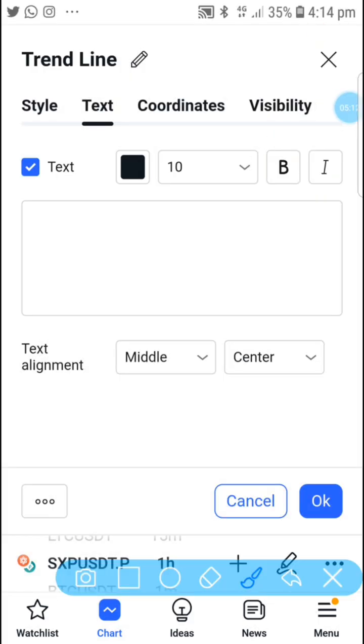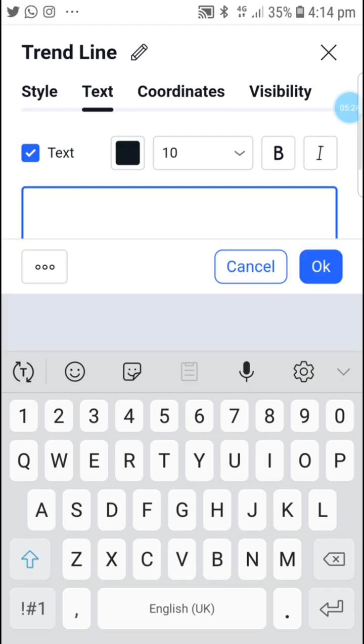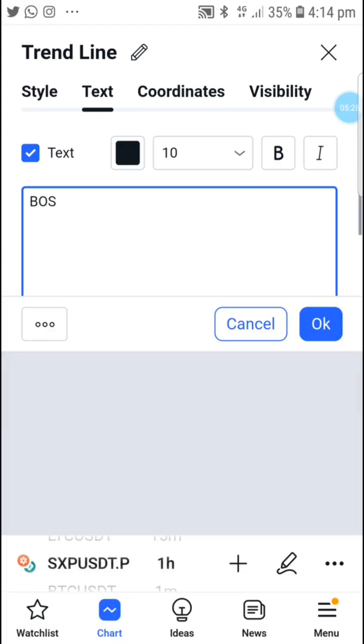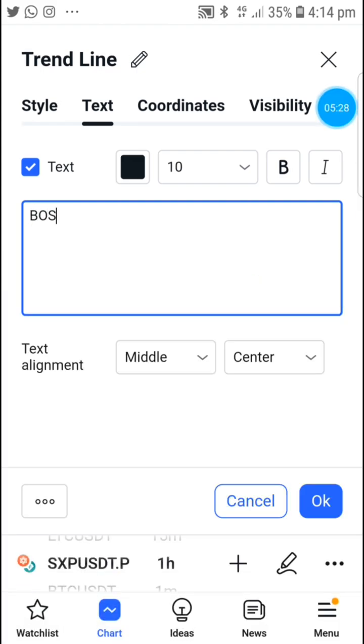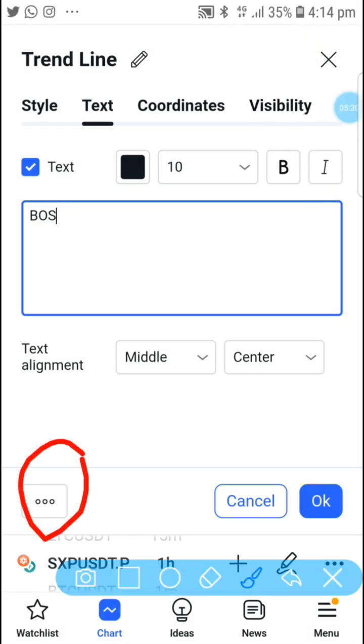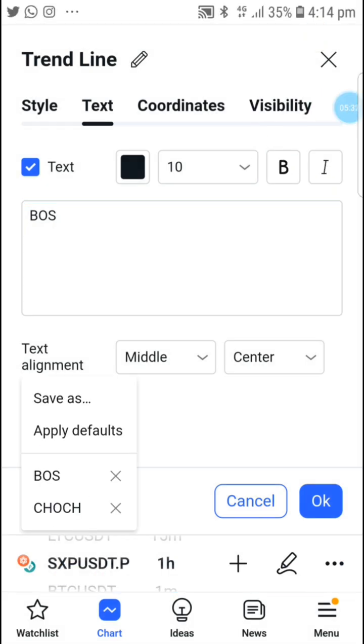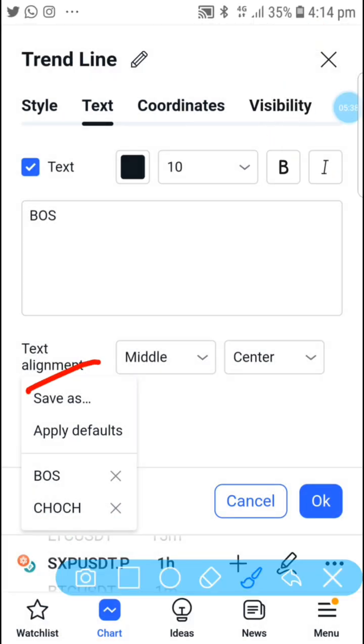You can see the text section, and you can save your BOS on your TradingView. There's no need to write it every time you want to analyze the market. You can just type BOS here, and when you type BOS, you come over here to save it. Click on it. You see I had some saved already. I already have my own BOS saved, so you just click on save as and you save it.